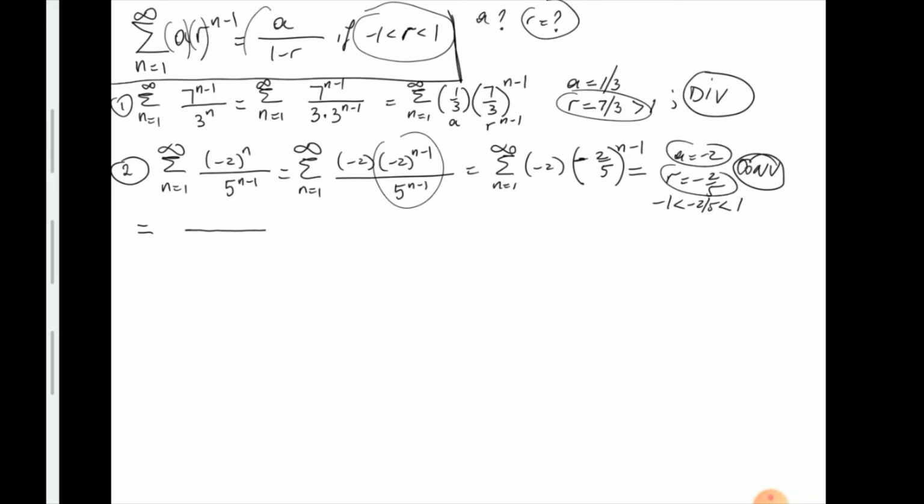So now follow the formula on the right here on the top. So a is minus 2 over 1 minus r, which is 1 minus negative 2 over 5. So that's 1 plus 2 over 5. On the bottom here, that's 7 over 5. And so that ends up being minus 10 over 7.